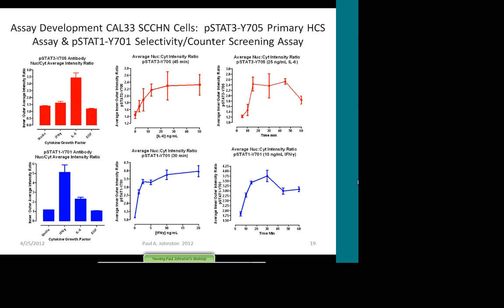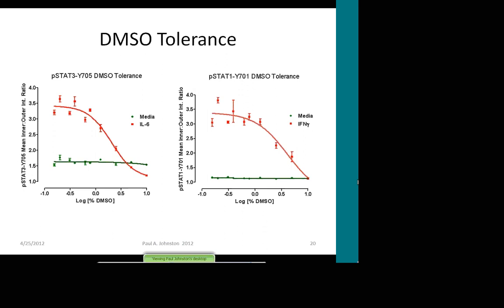And we found that the IL-6 activation of phosphotyrosine STAT3 was relatively transient, and so we picked 20 minutes as the optimal time. 15 to 20 minutes is the optimal time of induction for STAT3, and we used 30 minutes for the activation of STAT1 with interferon gamma.